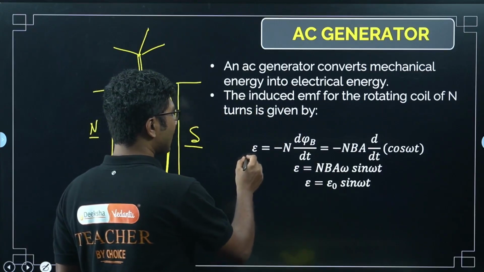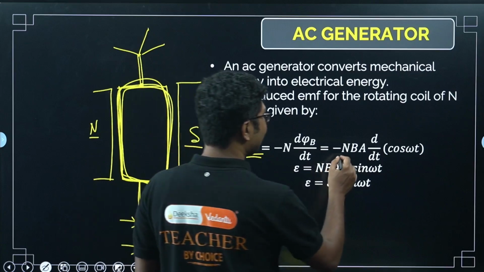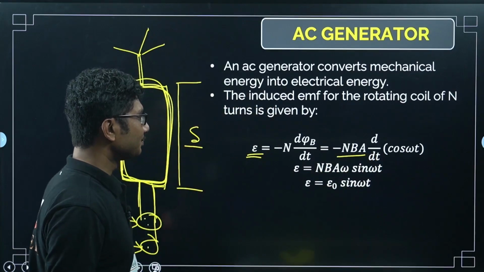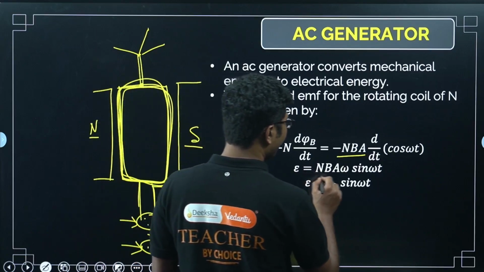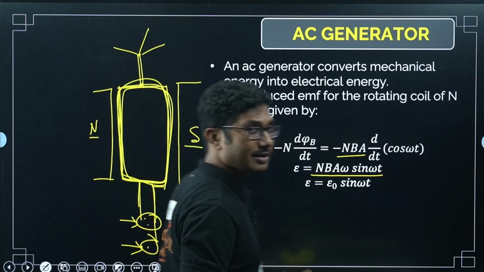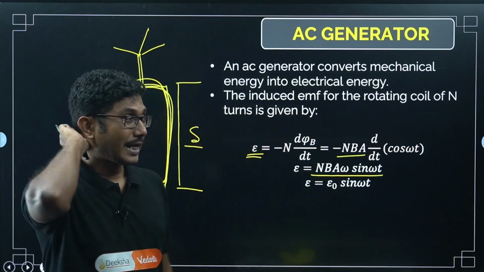So epsilon is basically minus N d phi_B by dt, and it can be written as NBA cos omega t, or NBA sin omega t. Now what is this sin omega t? Sin omega t means there is a rotational motion, so rotational motion means there will be a sin omega t associated with the angular motion.